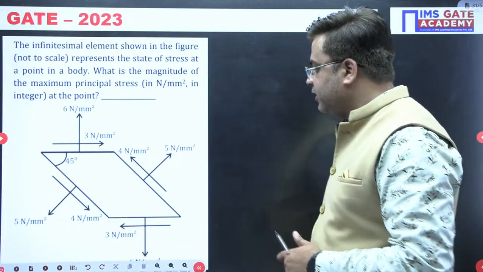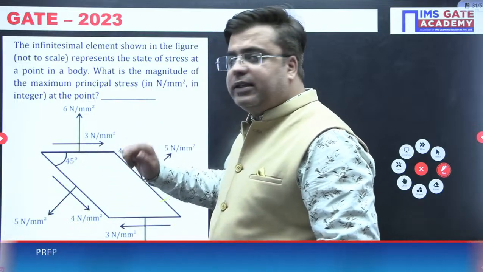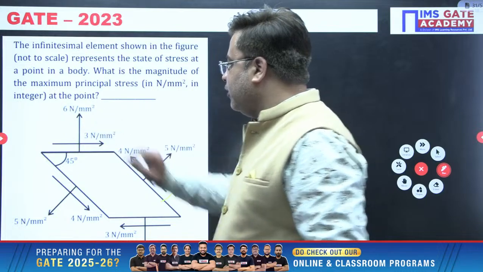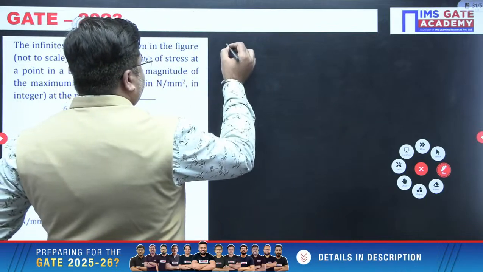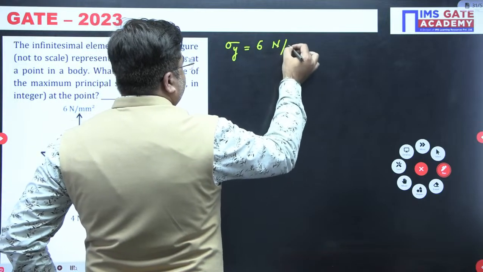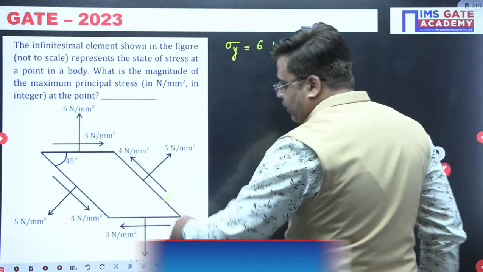How can we calculate this? So first of all, identify what is given to you in this diagram. You are given the value of sigma y, which is 6 Newton per mm square. Then this is your oblique plane, right?